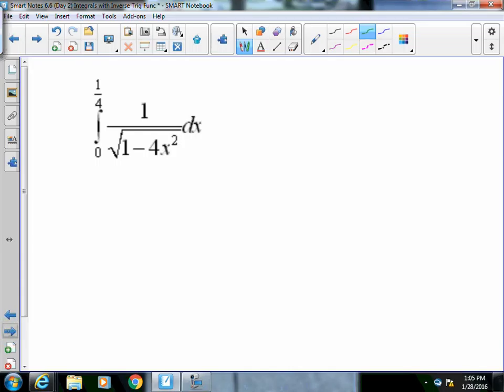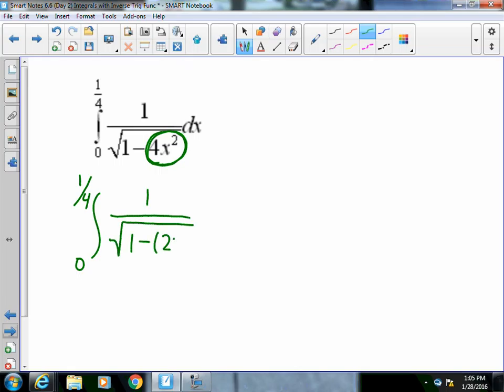Next one, similar, let's rewrite it a little bit, because typically our inverse sine has something squared here. So we could really write this as 1 over the square root of 1 minus 2x squared dx, which means our u for u substitution should be 2x.